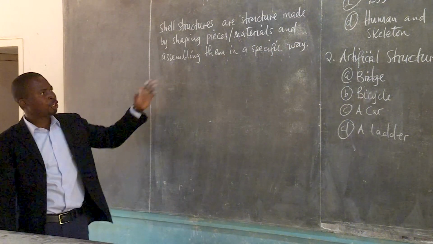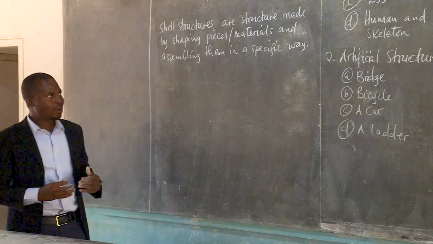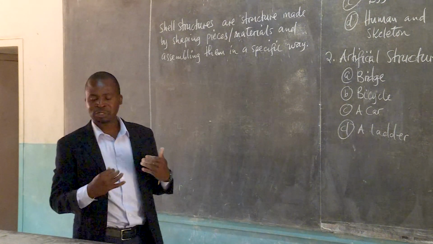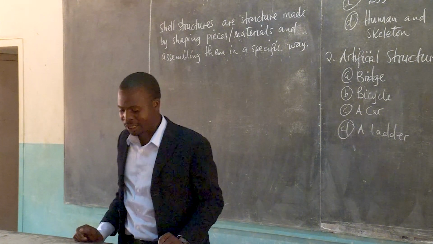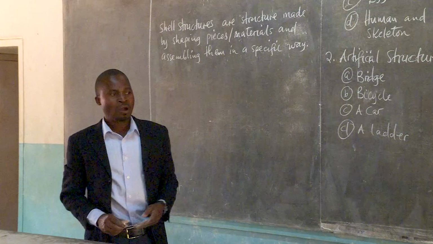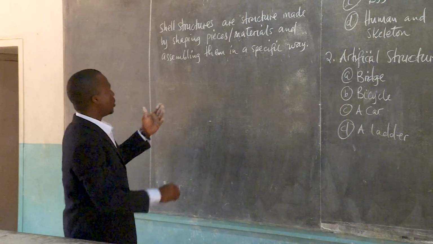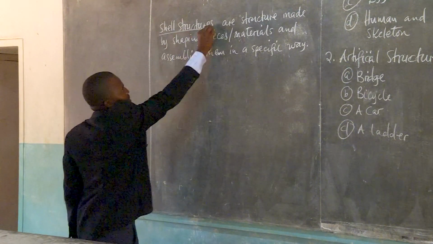These are shell structures. As long as you are shaping them in a specific way, the structure is going to be known as what? A shell structure. What are the examples of these shell structures?